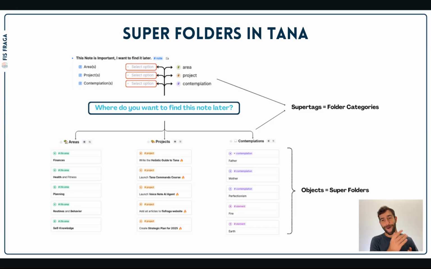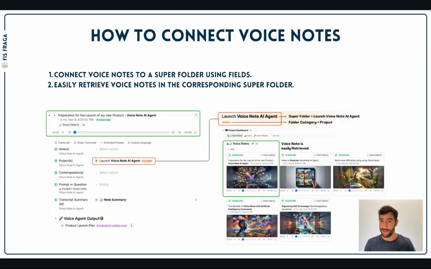They are also super folders because each area becomes a folder where you can save notes. So you can save your notes into these areas, into these projects, and you will be able to reliably retrieve them later on, as you can see here in this other diagram.